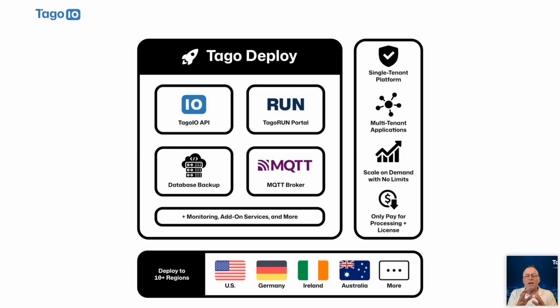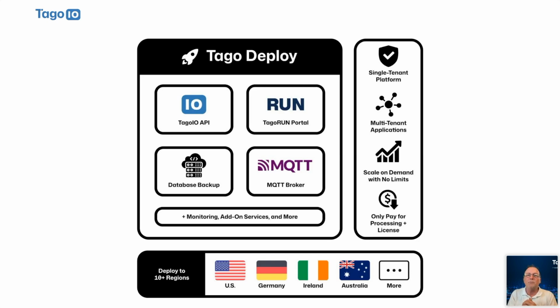Another huge benefit, right? Right now on the multi-tenant Tago platform, you can deploy in Europe or the US. Well, on TagoDeploy, you can deploy in a much more granular fashion across the globe, right? Germany, Ireland, Australia, Singapore, and there's much more. So you can deploy in 10 plus regions, which is a huge benefit for a lot of our customers, because again, Tago IO is in over 120 countries.